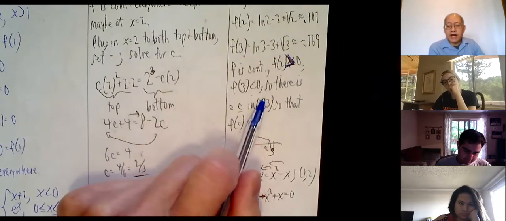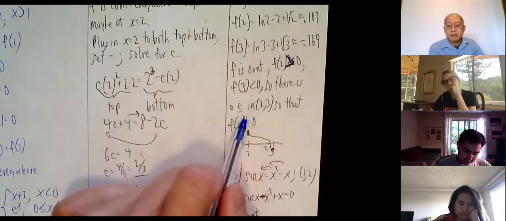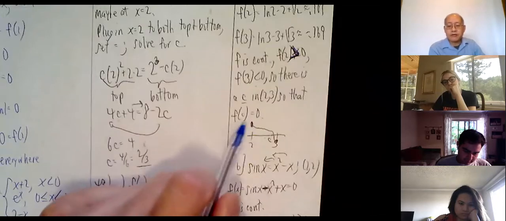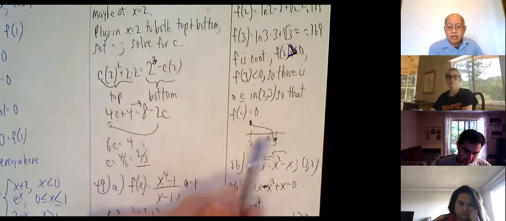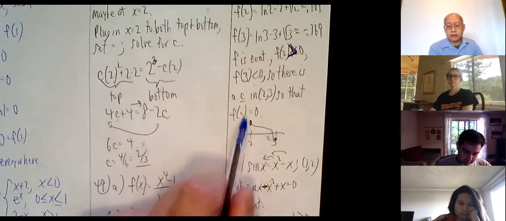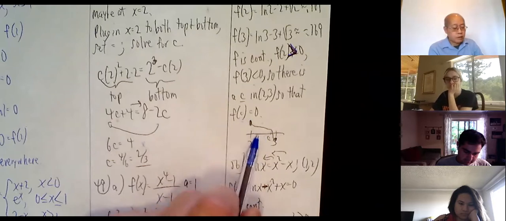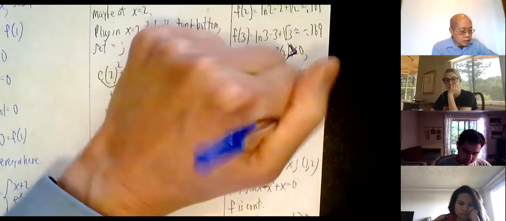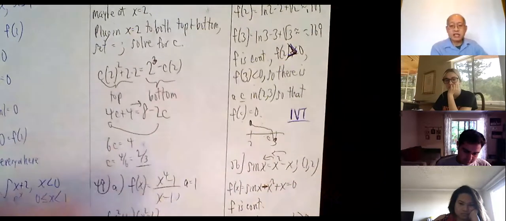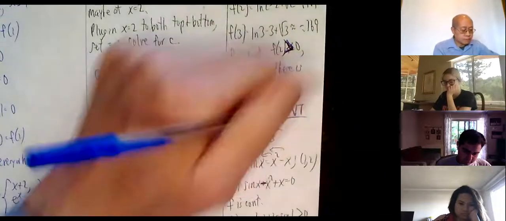So the intermediate value theorem says there's a C between 2 and 3 such that f of C equals 0. If it's continuous, somewhere we have to touch the x-axis, which means y equals 0. So that's what they mean by root. There's a solution somewhere in there. So this is called the intermediate value theorem. And let's make an abbreviation, IVT, for intermediate value theorem.